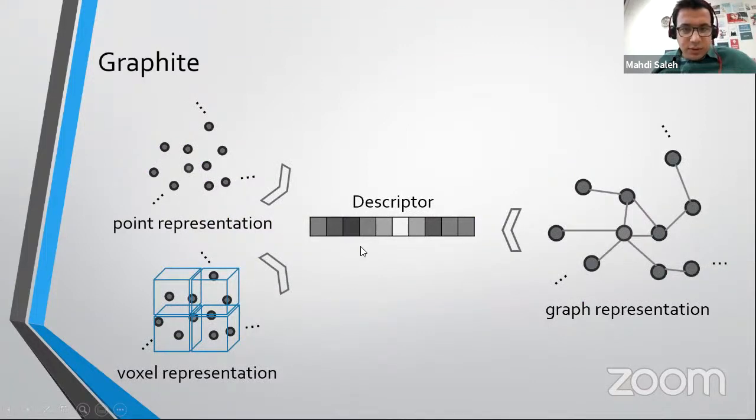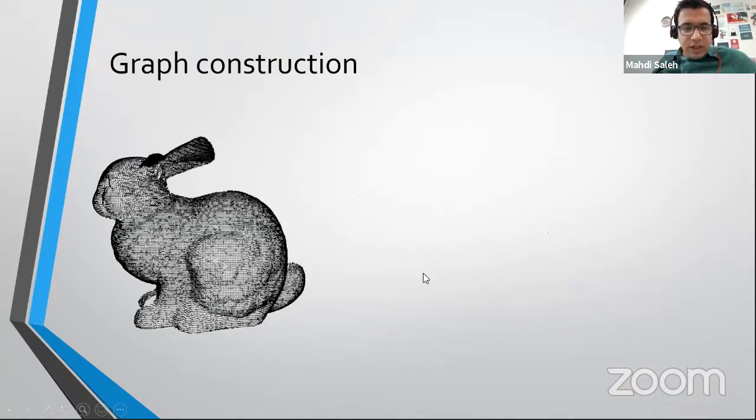So basically, given a local neighborhood, you want to learn a descriptor vector, and this vector or feature can be used for downstream tasks such as registration. So how does our pipeline work in a nutshell? We have a point cloud, for example, of an object.